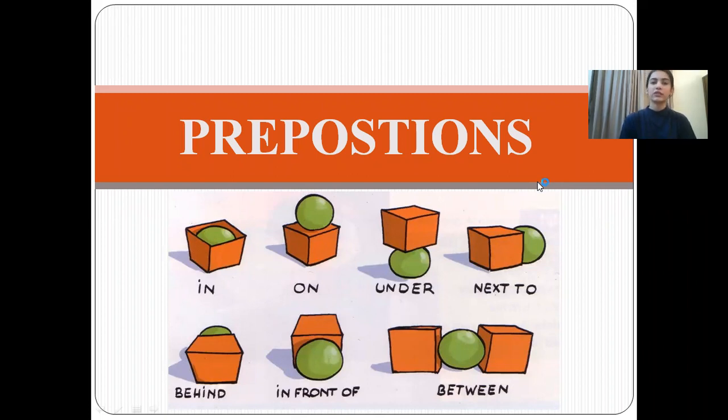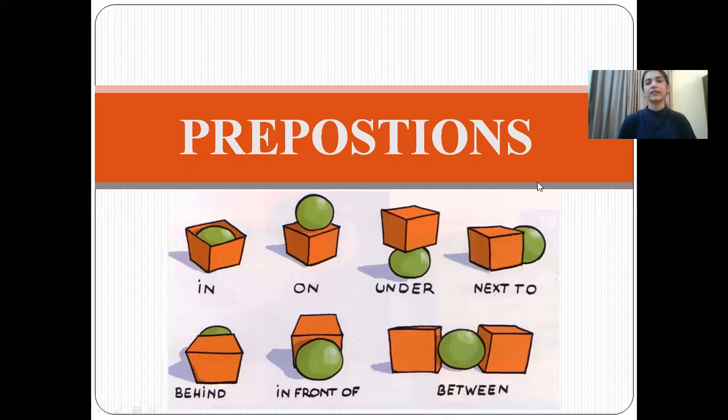The third is going to be its comparison with other languages, and in my video, I have compared it with my native language, which is Urdu. And then I will give you some ideas for teaching. So let's start this presentation.